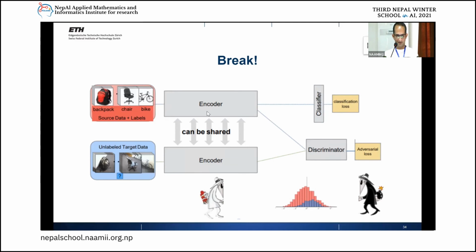Maybe this is not really the perfect example, but this is one of the distributions and the other distribution, right? So this comes from the source, and this comes from the target.